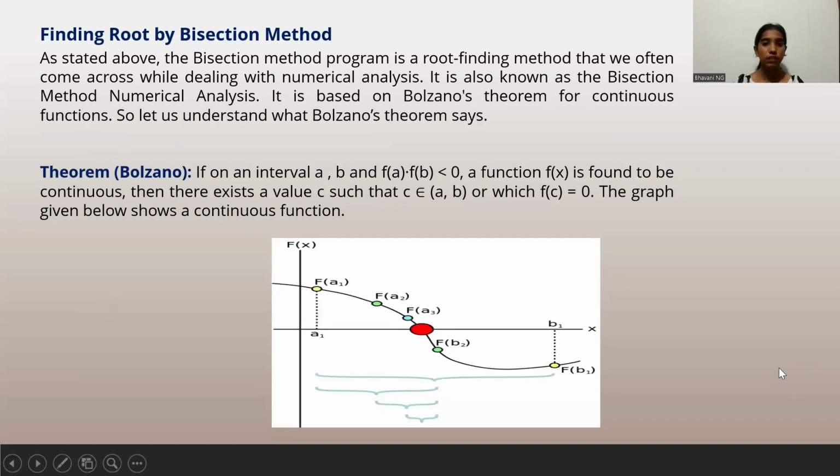Theorem: if for an interval [a, b], f(a) times f(b) is less than 0, and a function f(x) is found to be continuous, then there exists a value c such that c belongs to [a, b], for which f(c) is equal to 0. The graph given below shows a continuous function.